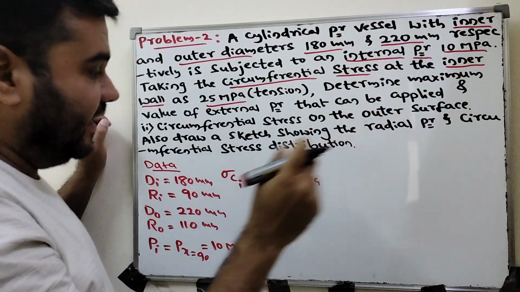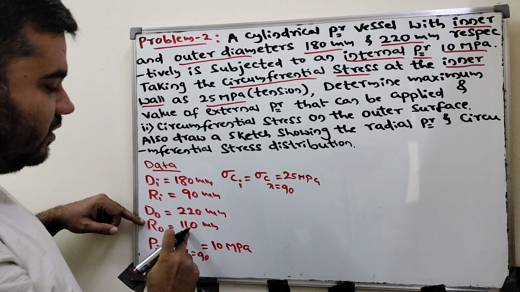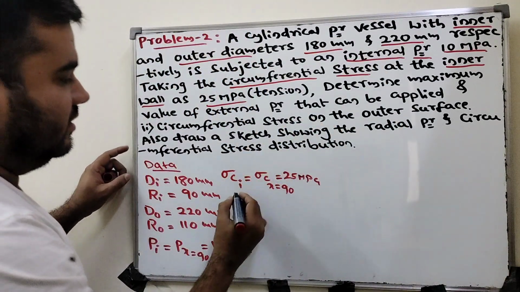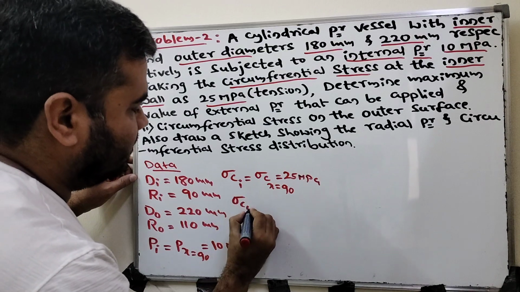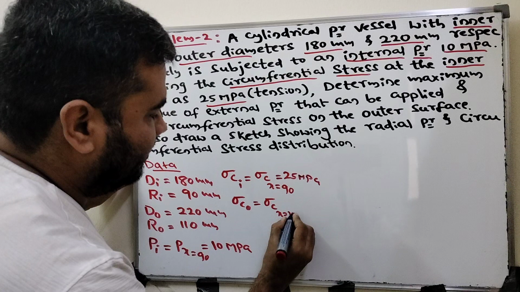External means when x equal to R naught, which is 110, outside. First we will draw, then we will come to know. That is sigma c naught, outside, sigma c at x equal to 110 mm.